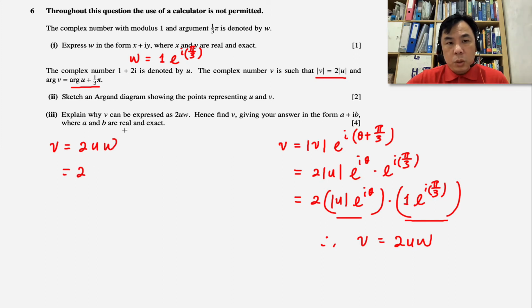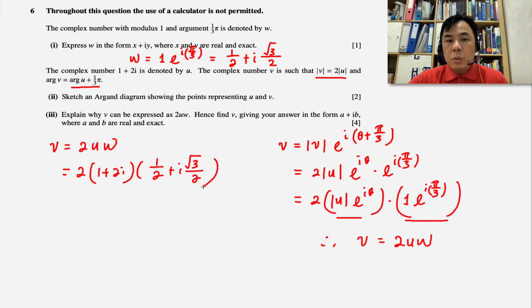Now we know u is this, and w we have worked out previously in the rectangular form. Just to recap, in its rectangular form, it is written as one half plus i root 3 over 2. Therefore, we can substitute this over here.